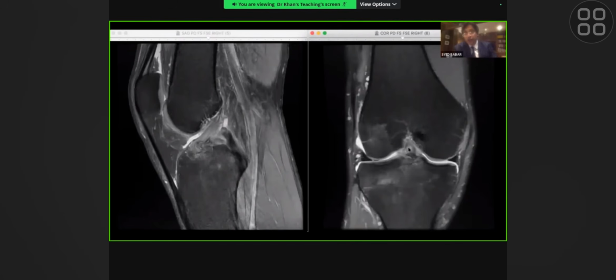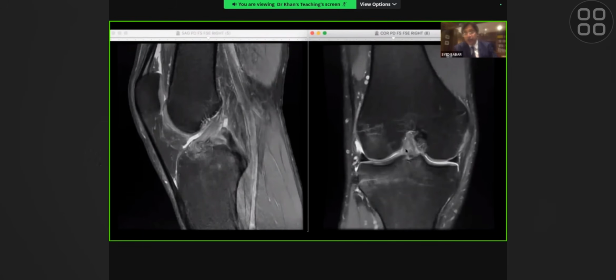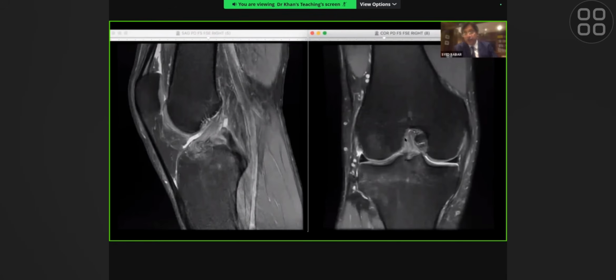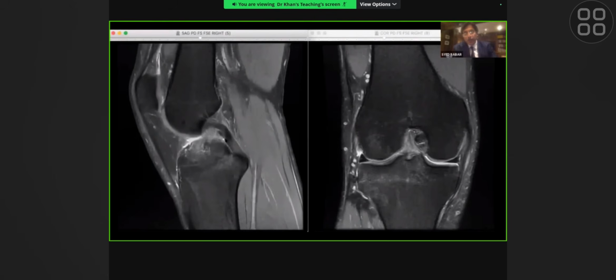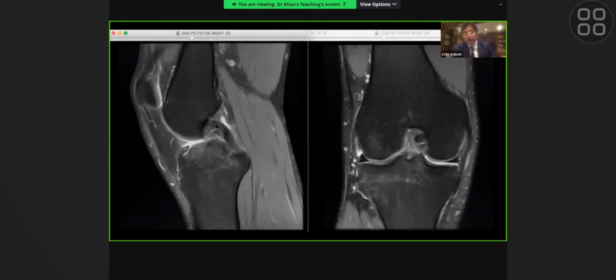So here goes the ACL, and you can see that there is lots of edema. Now, whilst we're looking here at the ACL, we're highly suspicious that there is an underlying avulsion fracture of the footplate, or at least a full thickness tear of the tibial footplate of the ACL. The next structure, whilst in the intercondylar notch, I would look at is the PCL.